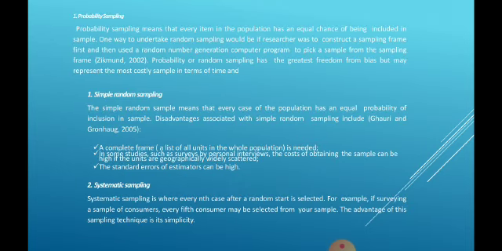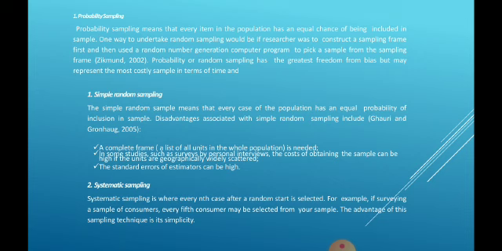First one, probability sampling. Probability sampling means that every item in the population has an equal chance of being included in the sample. One way to undertake random sampling would be if the researcher constructed a sampling frame first and then used a random number generation computer program to pick a sample from the sampling frame.